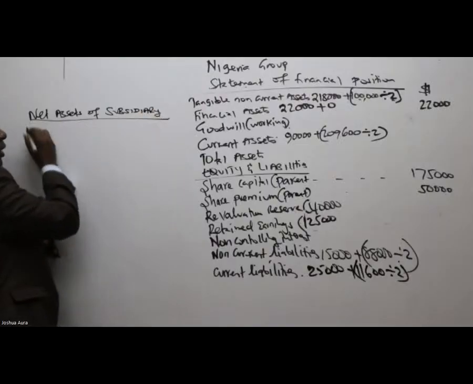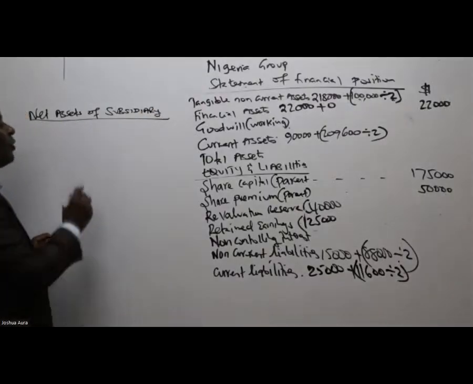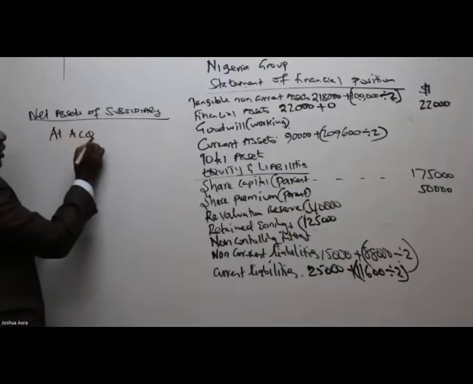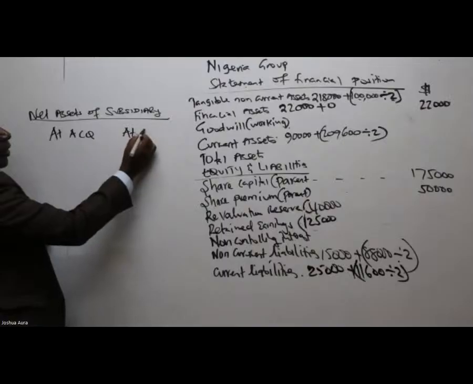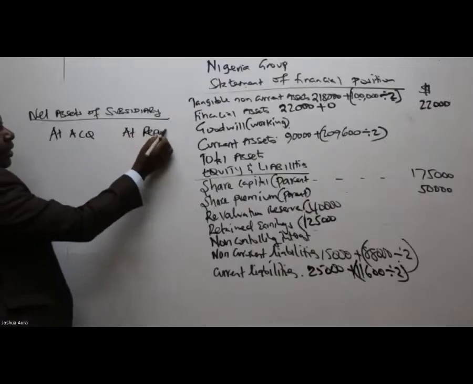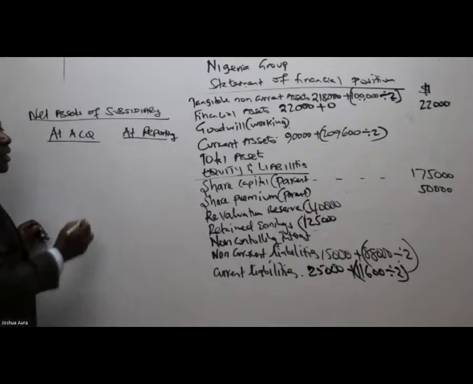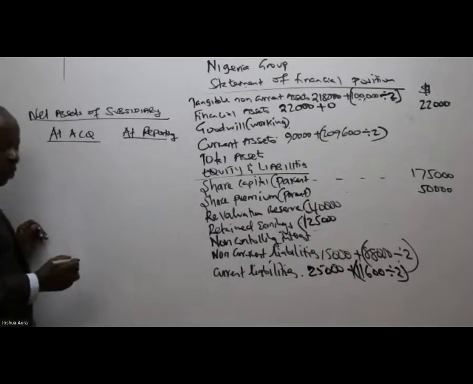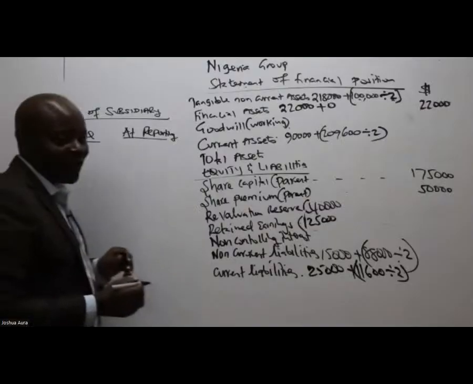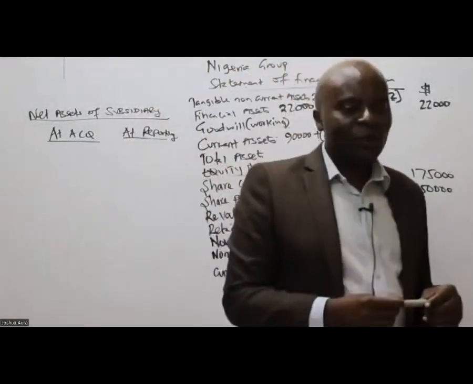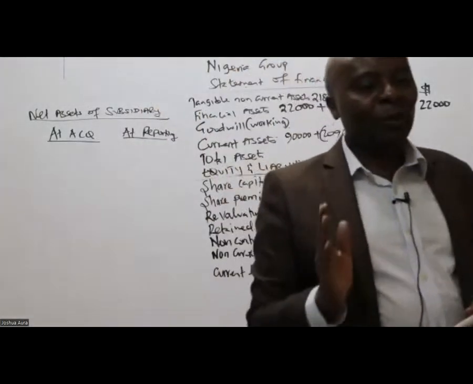Remember, net assets, we have to give net assets at acquisition and at reporting, 2 of them. At acquisition and at what year? At reporting. So could you be kind enough and give me examples of net assets? When these examiners talk of net assets, what comes to your mind?